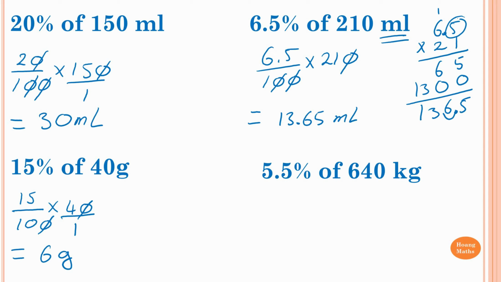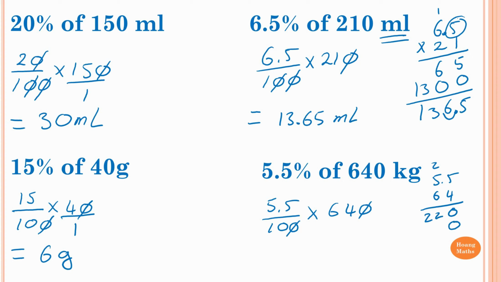5.5% of 640 kilograms. So 5.5 per 100 of 640. So this 0, I cancel this out. So it's the same as 5.5 times 64 divided by 10. So 5.5 times 64, we treat that as 55 times 64. 4 times 5 is 20, so carry 2. 4 times 5 is 20, add 2 is 22.